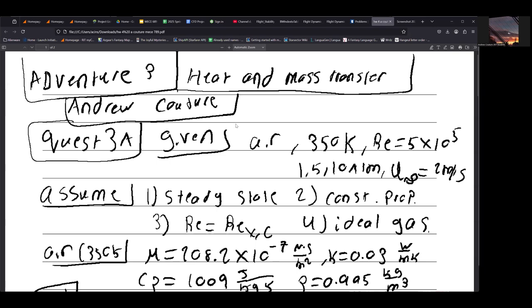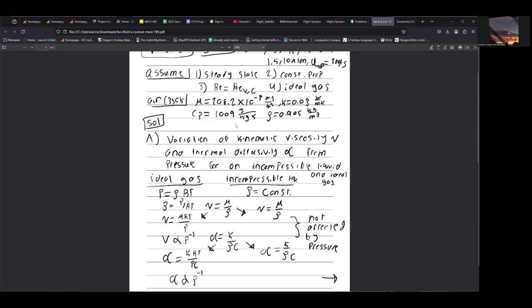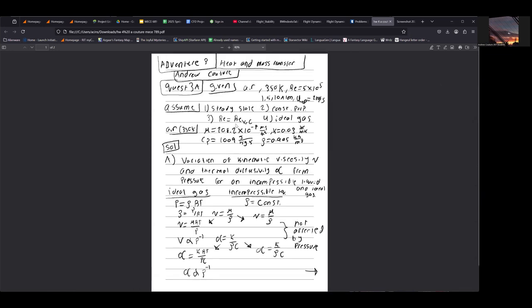So my solution for this is right here. Obviously start off with the givens: the Reynolds number, the pressure in atmospheres, and the velocity at infinity. And also just some assumptions. Steady state is a pretty solid one. Constant property is also very solid. They give us the ideal gas.